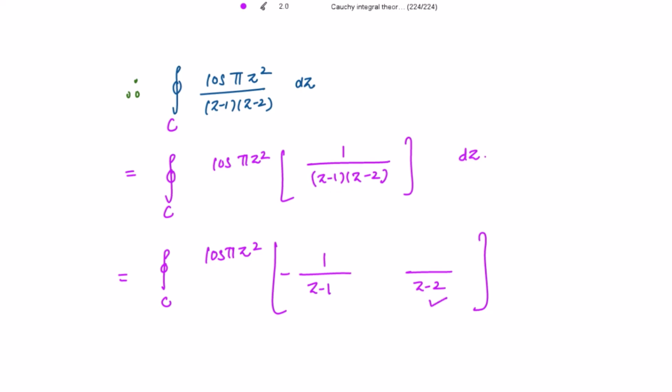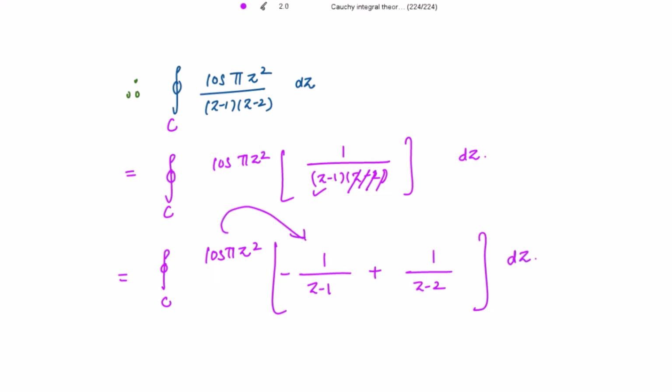When considering this denominator, hide z - 2, the same. Put z - 2 = 0, we get z = 2. Now put this value over here. We get 1 divided by 2 - 1, that is 1. So we can write this as plus 1. Very fine. Okay, writing here dz.